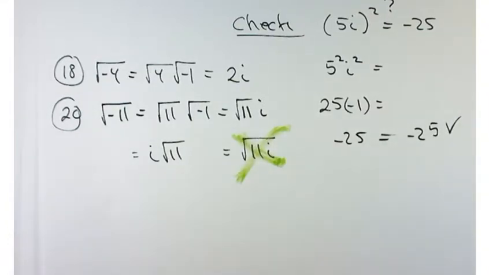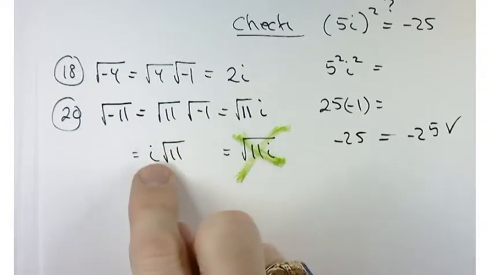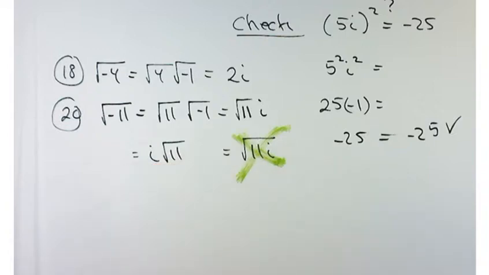And that's wrong. In this class, we will not take the square root of the square root of -1. You're not going to have i underneath a radical. So I sometimes tend to like to write the i out front, even though, technically speaking, a lot of mathematicians might not like it. That's okay.